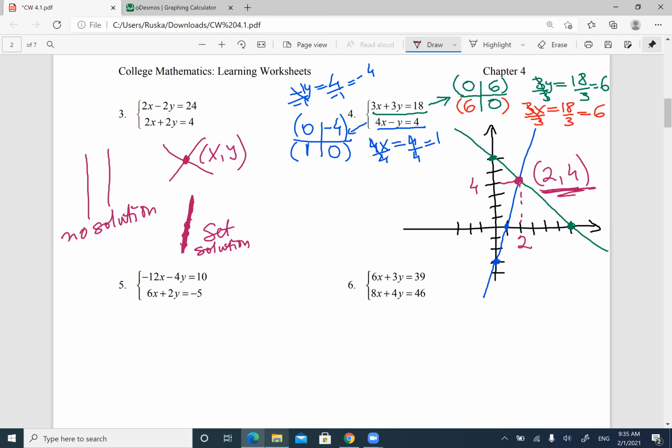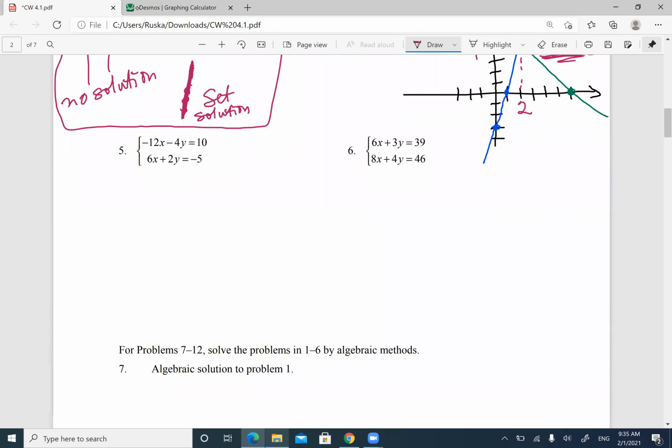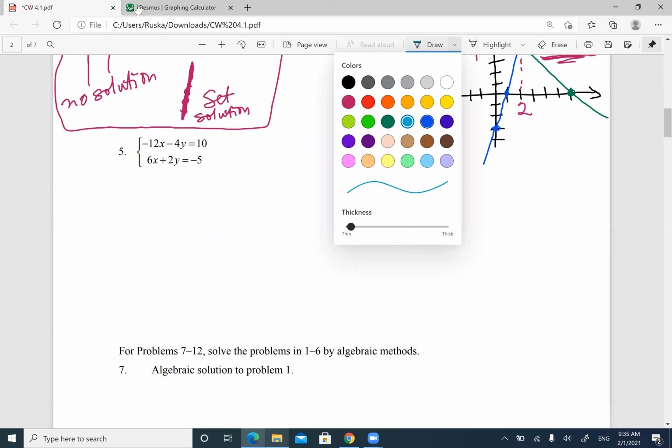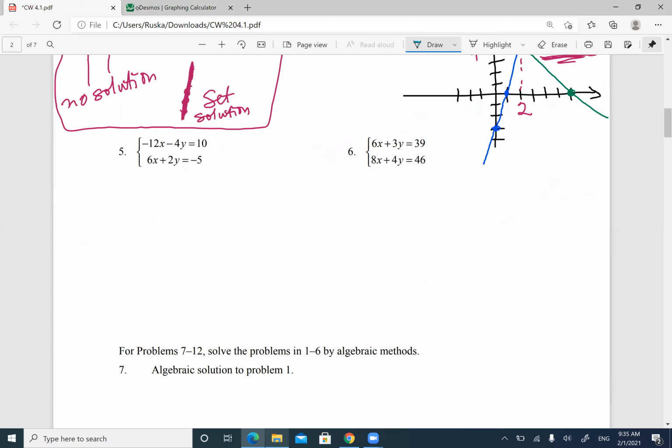Okay, so let's go ahead and do number 5 or 6, pick one. 6. Okay, let's do 6. So for number 6, we're going to start with the first equation. Solving the first equation, I see it's in standard form, so the x-intercept and the y-intercept are easy to use.